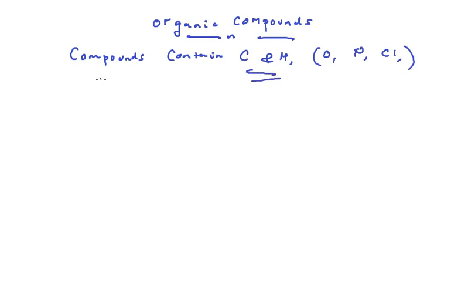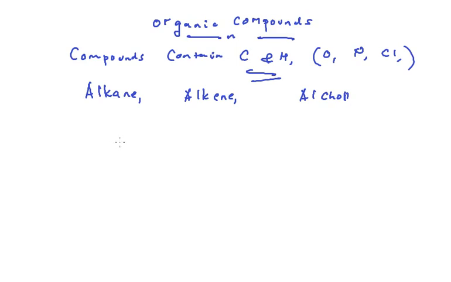So when we are dealing with the naming system, there are big classifications. For this class, we're going to focus on alkane groups, alkene groups, and alcohol groups. These are not the only families of organic compounds. In fact, there is a huge number of organic compounds compared to inorganic compounds.